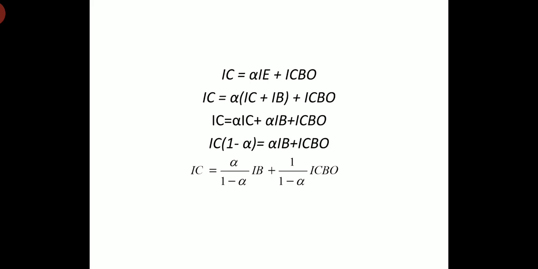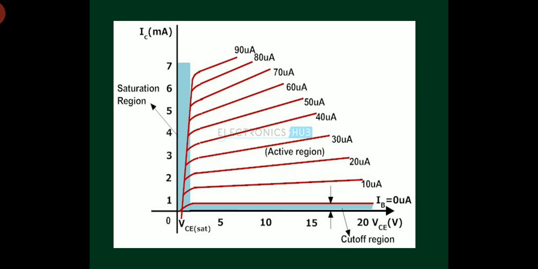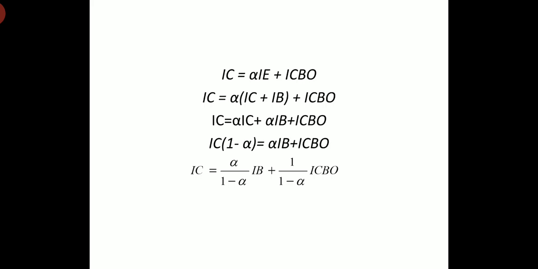That's why we get a slope in common emitter configuration like this. The slope is due to the terms alpha by 1 minus alpha and 1 by 1 minus alpha. Even if IB is 0, IC becomes 1 by 1 minus alpha into ICBO.